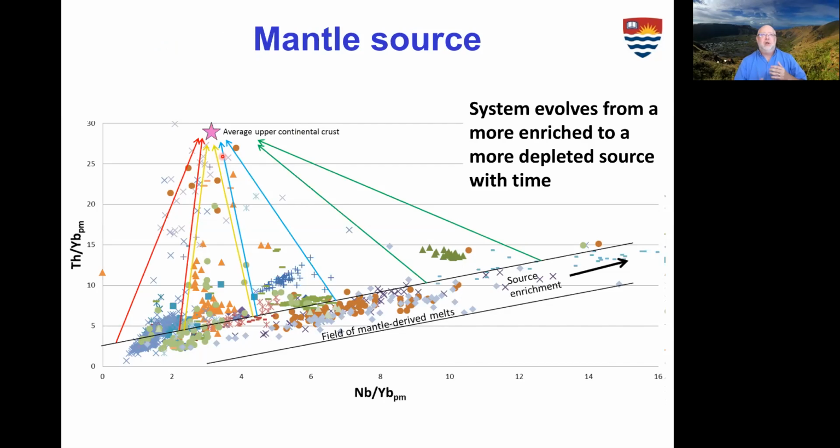And again, I struggle a little bit with that being related to a mantle plume, where you might expect the plume composition to remain more constant. Perhaps if you had a waning plume, that might explain it, or perhaps we need to think about some different types of models.